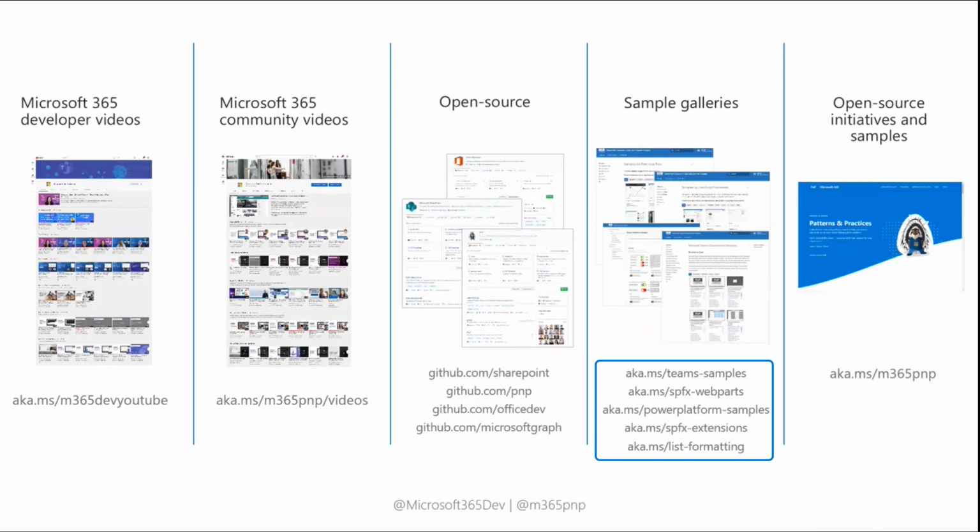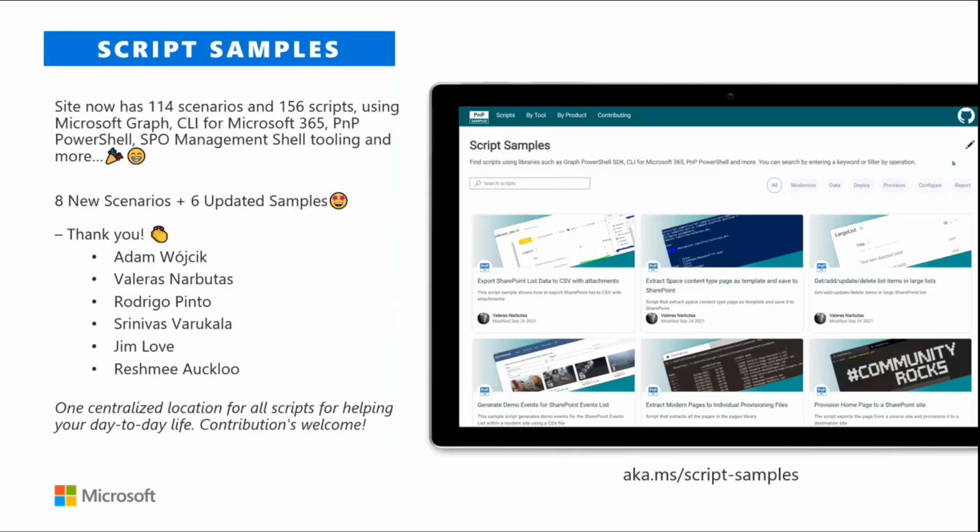And if you just want a unique URL rather than plenty of different URLs, you can go to aka.ms/m365pnp. From there, you can go wherever you need, and you can find plenty of content and options to create great Maestro 365 solutions.